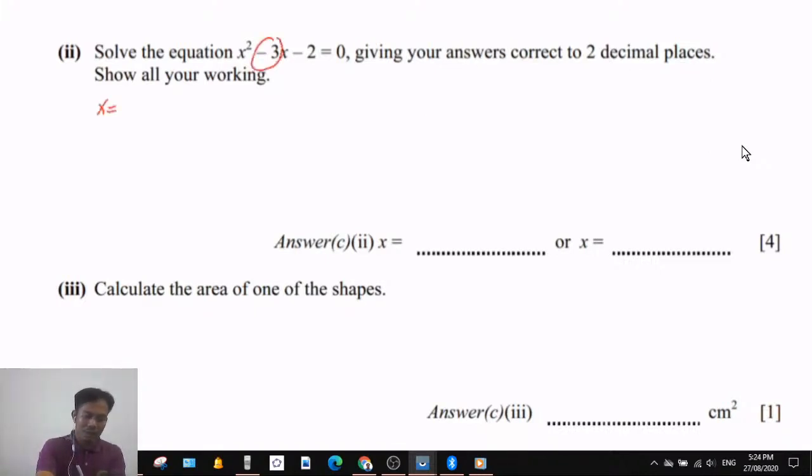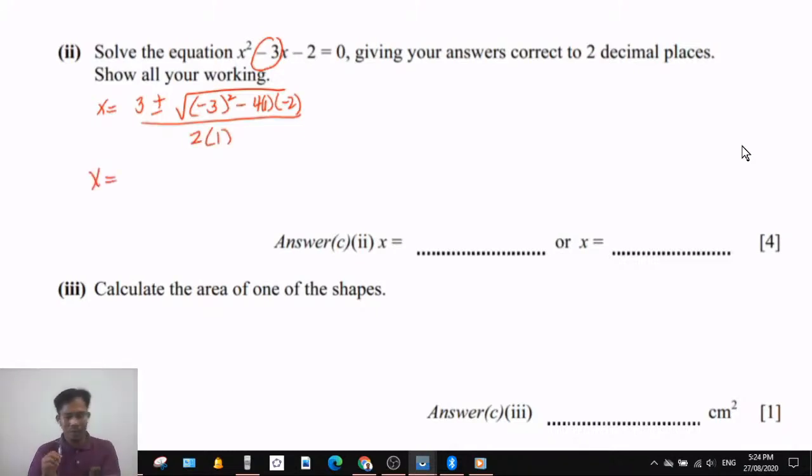B is negative 3, so it will become positive 3 plus minus the square root of negative 3 squared minus 4 times 1 times negative 2, divided by 2 times 1. So the x value will be 3 plus minus the square root of negative 3 squared, which is 9. 9 plus 8 is 17.